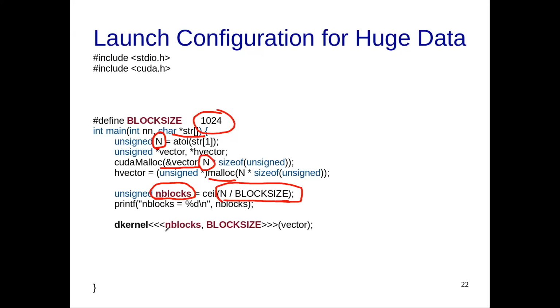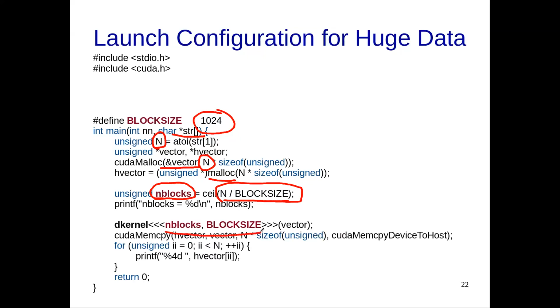And I can launch the kernel like this, right? So this is going to be your usual way in which you are going to launch a kernel. Number of blocks, comma, block size, which is going to be 1024. And then I'm going to copy the elements from vector to h_vector, that is from device to host, that is from GPU to CPU, and print it on the host, or use it.